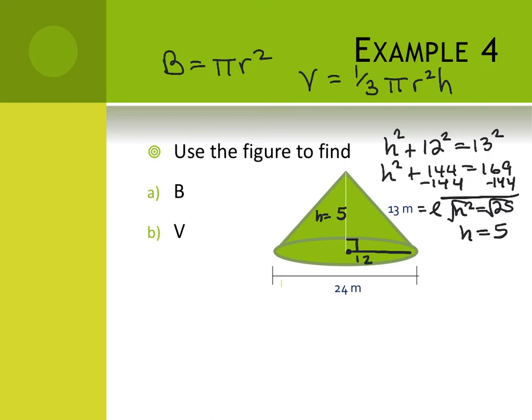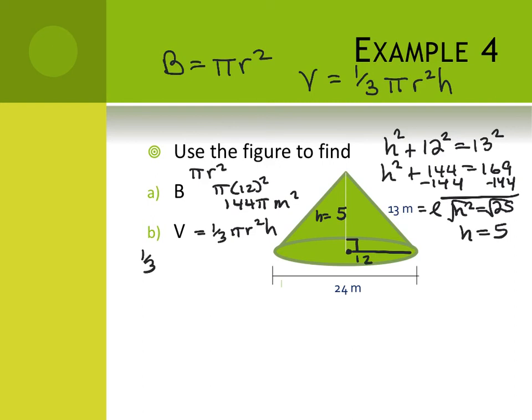So for the base area, remember it was pi r squared. I didn't need the height, all I needed was the radius. So pi times 12 squared is 144 pi, and these are meters squared. Volume, 1/3 pi r squared height, 1/3.